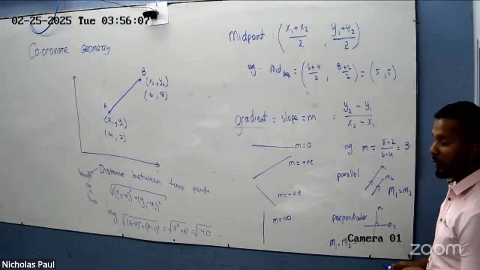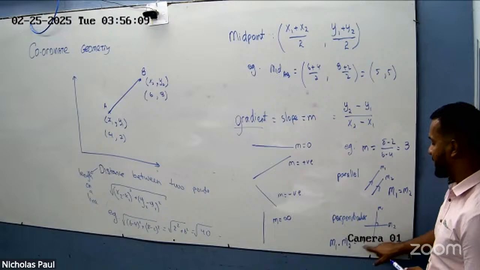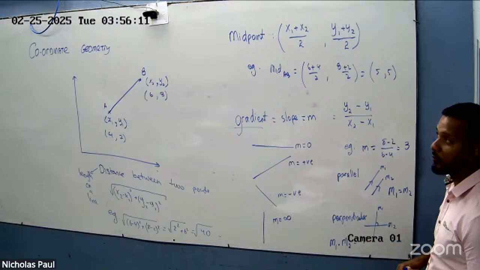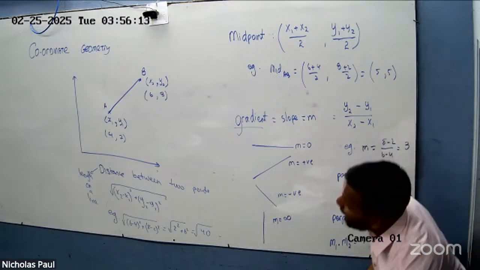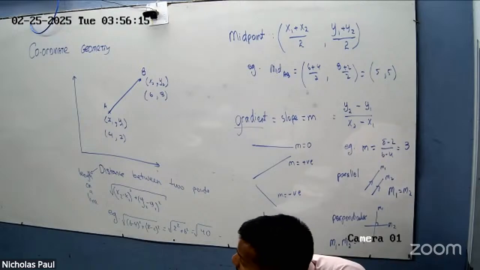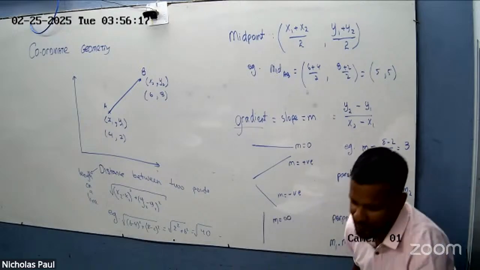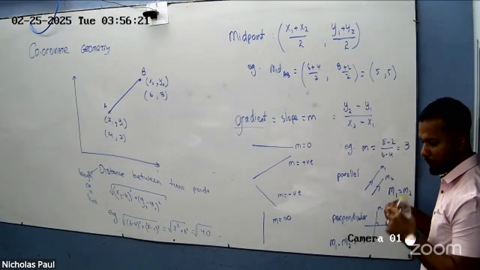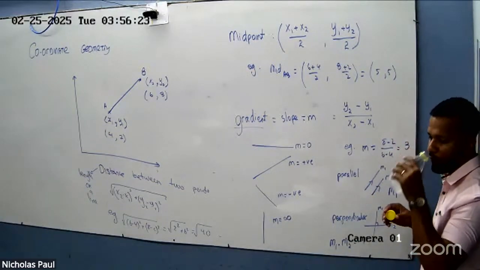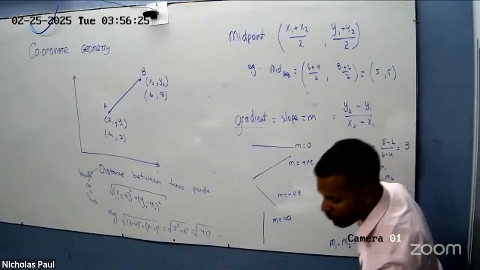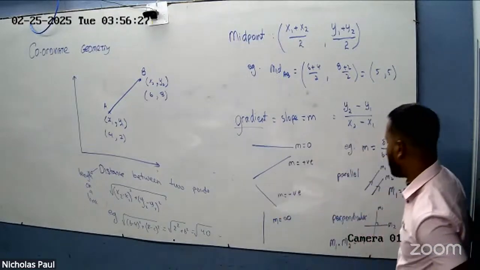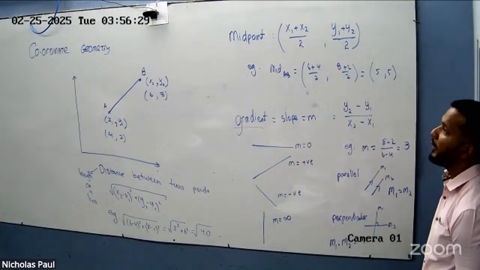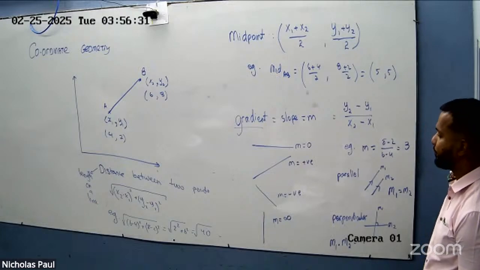When you multiply this by this, you get -1. It's called the negative reciprocal.